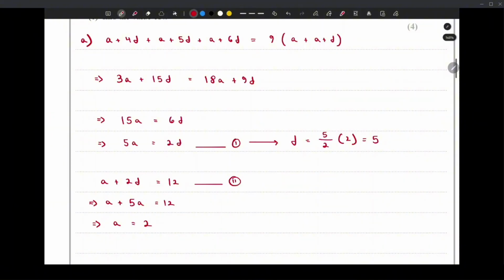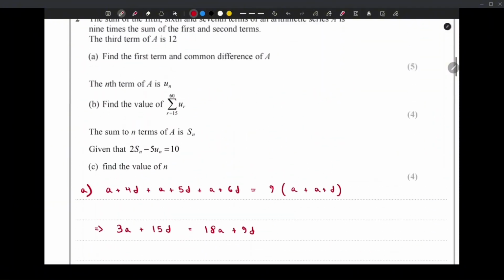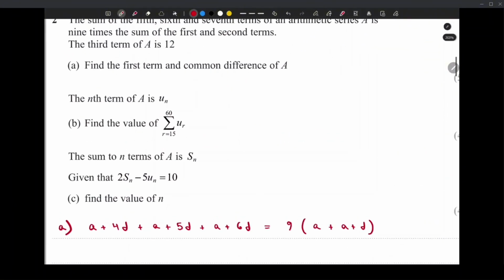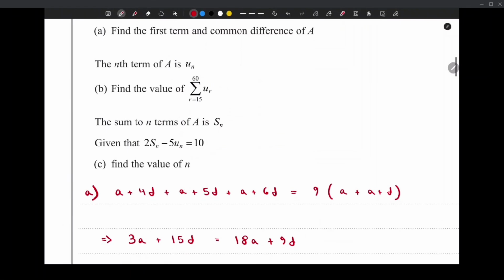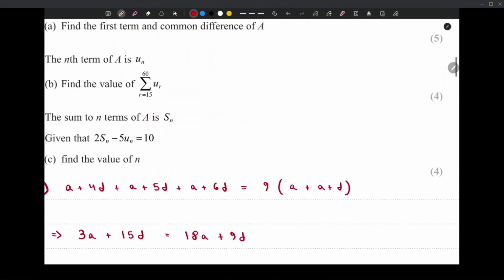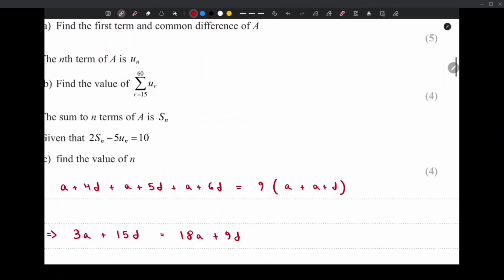So that is it for the first part of the question. Now let's move on to the second part. The nth term of a is un. Find the value of this function. Now basically what this value represents is the first term of the series, which is t1.